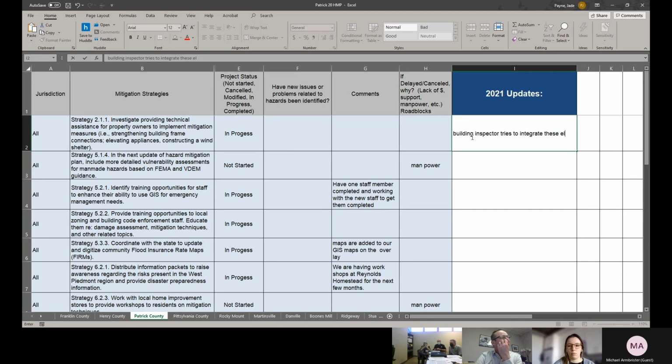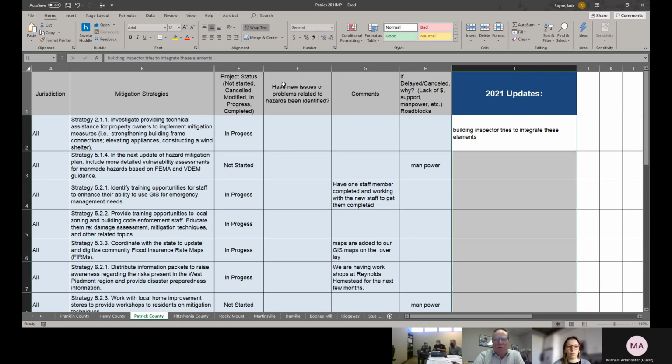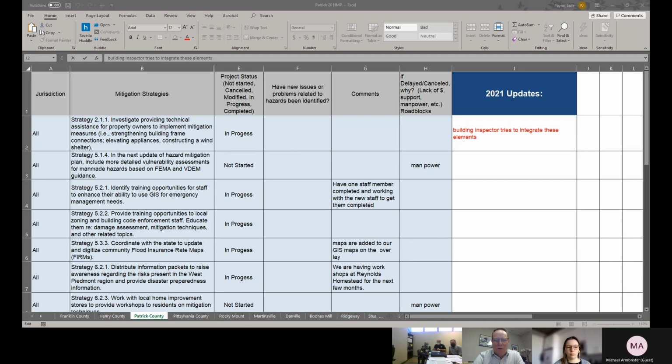Yeah. One other thing on the strategies: FEMA's pushing this go around that we try to make them more specific, more measurable, not so focused on just the day-to-day stuff that you already do. So on that one, and I'll probably ask the same question on a few of these, do y'all use social media like Facebook or Twitter or any of that stuff, or is it just the county webpage?